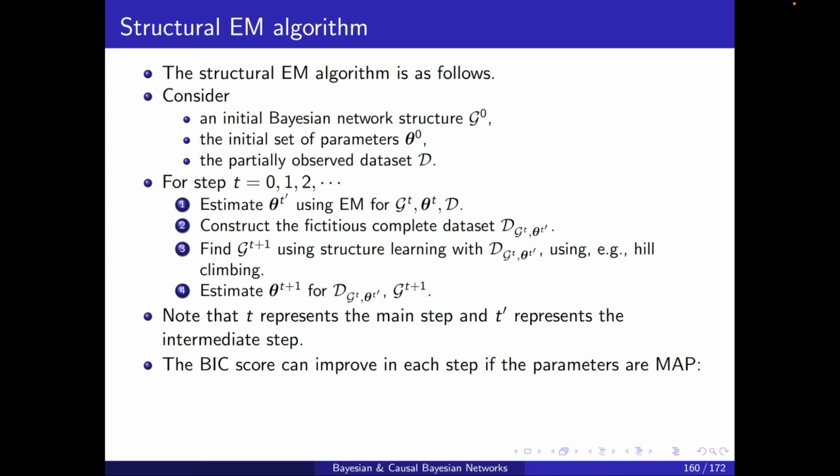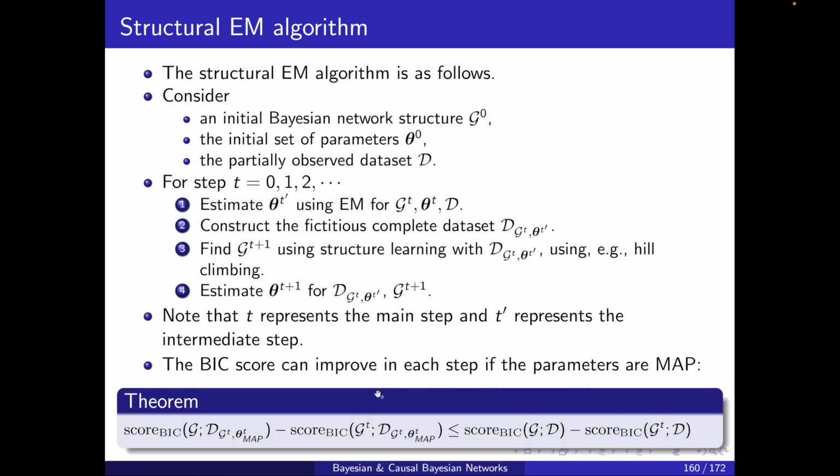Now, the BIC score can improve in each step if the parameters are MAP. And here's the theorem. Look at the data sets. This one is the original data with missing values. This is the complete data constructed from the structure G and the theta MAP at step t.